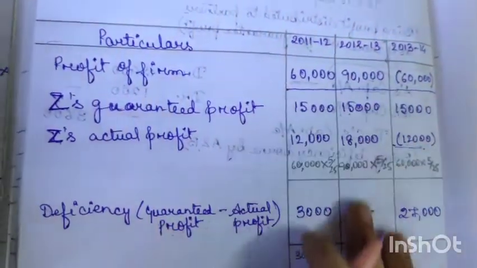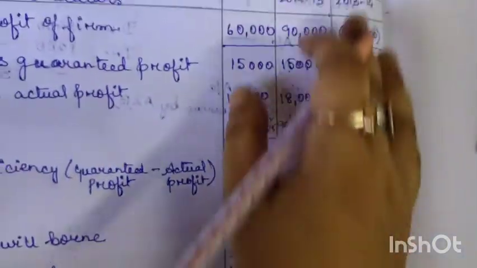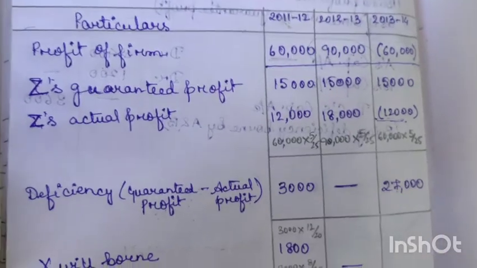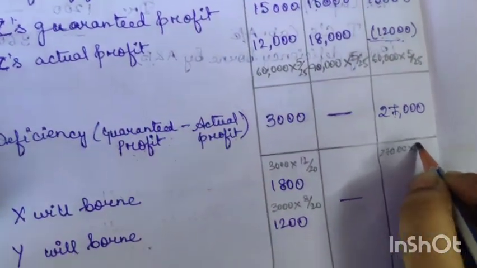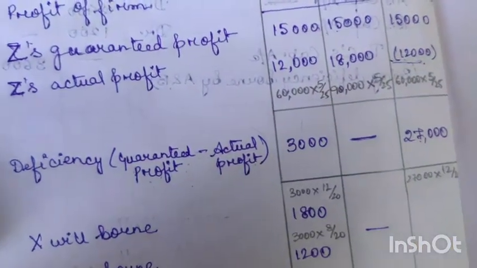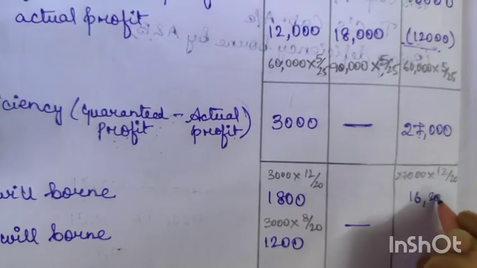Now in the second year there was no deficiency, so it will be a dash. Now in the third year, what was the amount of deficiency? 27,000. So for X it will be 27,000 into 12 by 20, which is 16,200.